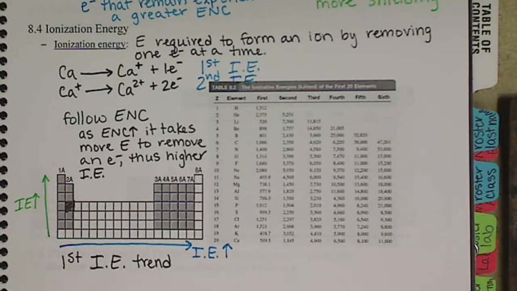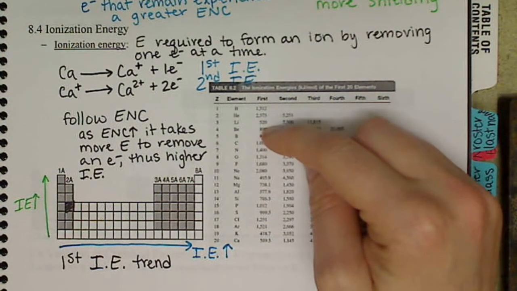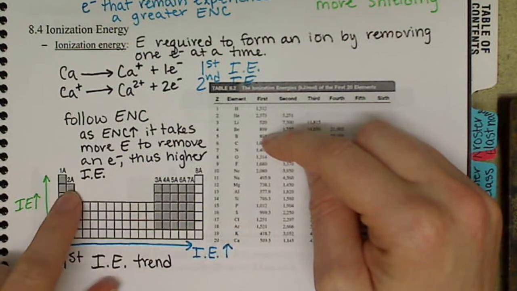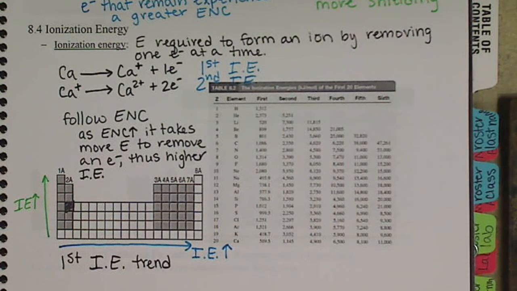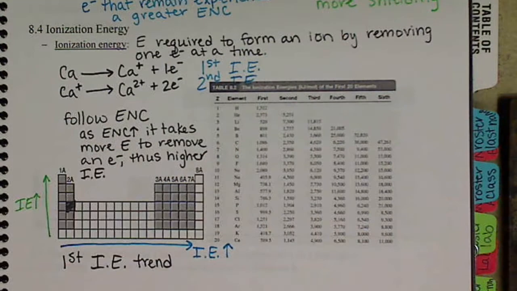So what exactly is going on here? To explain why this flip-flop happens, we have two different locations. We have beryllium and boron, and magnesium and aluminum. They're underneath each other, so that's one pocket of exception. And then we have this nitrogen versus oxygen flip-flop.